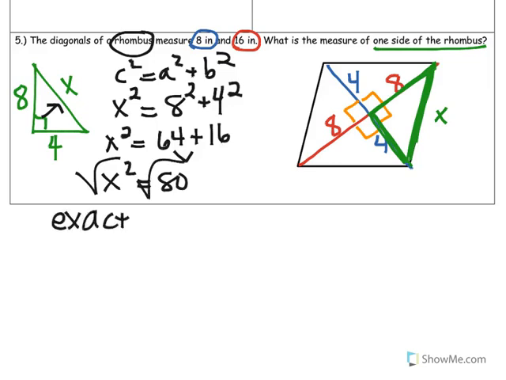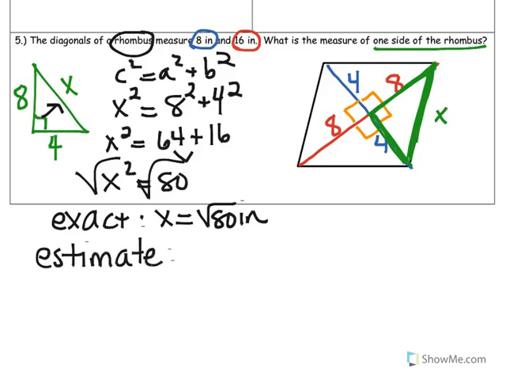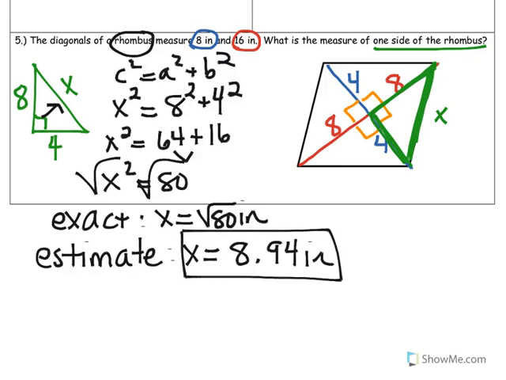My exact answer would be x equals the square root of 80 inches. But again, it's hard to know what the actual length is. I think the estimate is probably a better answer to use for word problems. And so the estimate to 2 decimals is x equals 8.94 inches. And there's my answer.